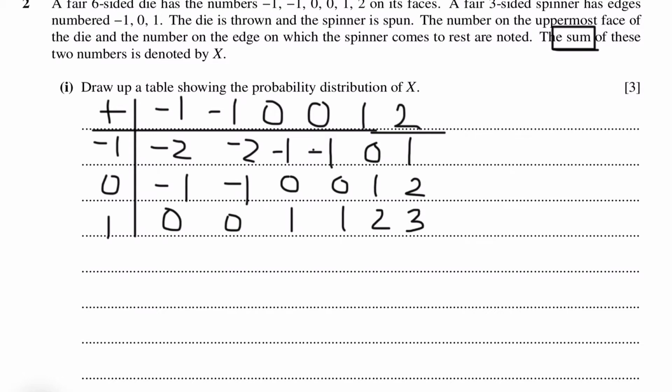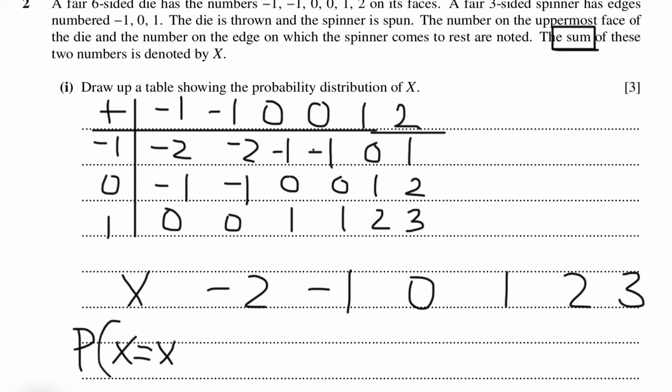Now since I only see the values -2, -1, 0, 1, 2, and 3 on this addition table, our outcomes will only be -2, -1, 0, 1, 2, and 3. And the probability of getting those is the number of times the number shows up on the addition table.